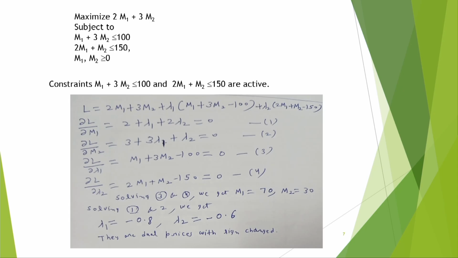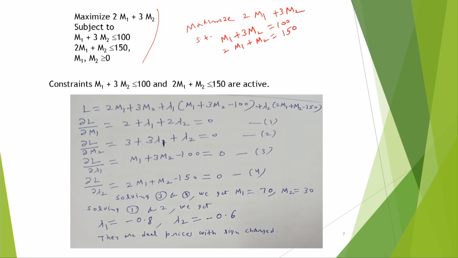So let us make the Lagrangian problem. If it is active, effectively this problem is equivalent to maximize 2m1 plus 3m2 subject to m1 plus 3m2 equal to 100 and 2m1 plus m2 equal to 150.